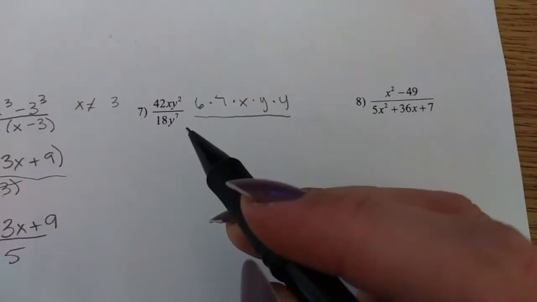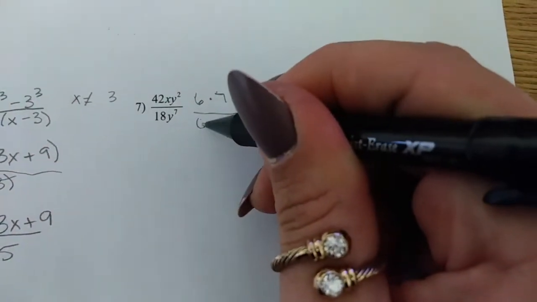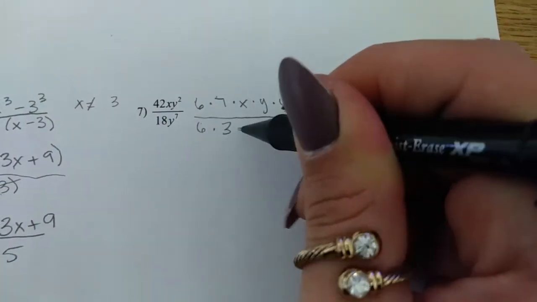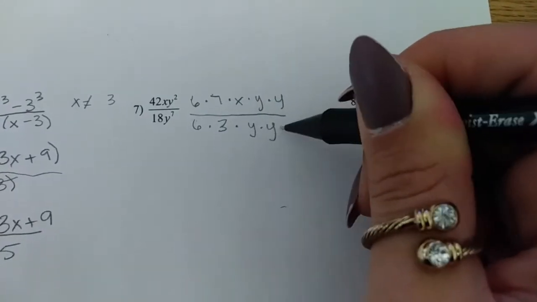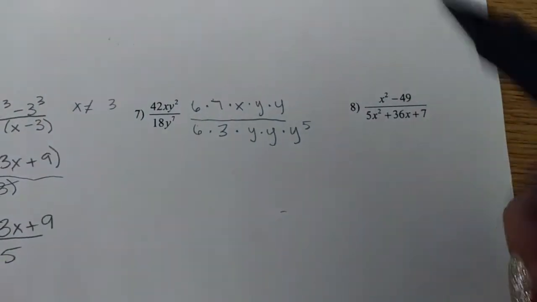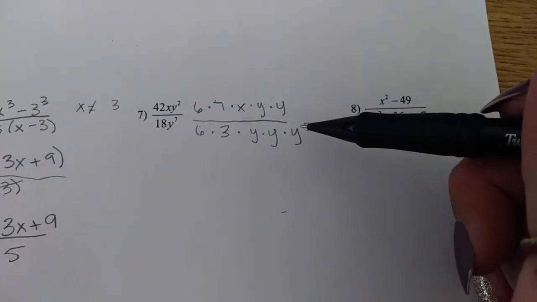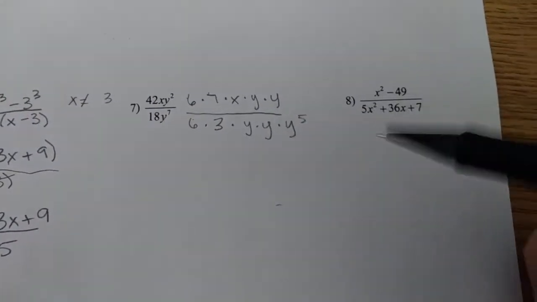Hey, look, 6 can also go into 18. So we're going to have 6 times 3 times y to the 5th. I'm writing this out this way because I want to show you how and where we're canceling out.